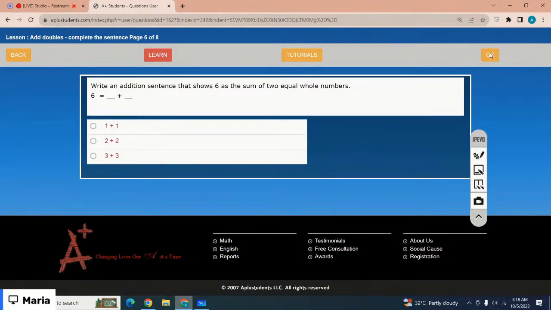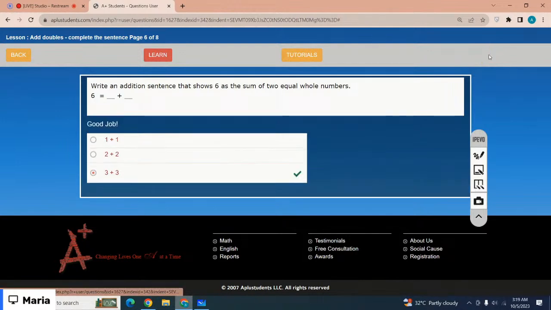Write an addition sentence that shows 6 as the sum of two equal whole numbers. Which is the correct option? 6 equals, very good. That would be 3 plus 3.